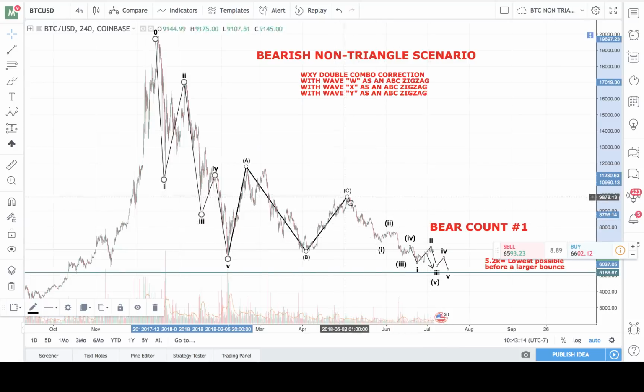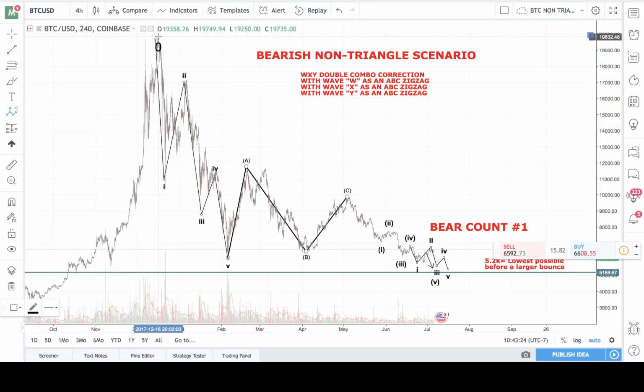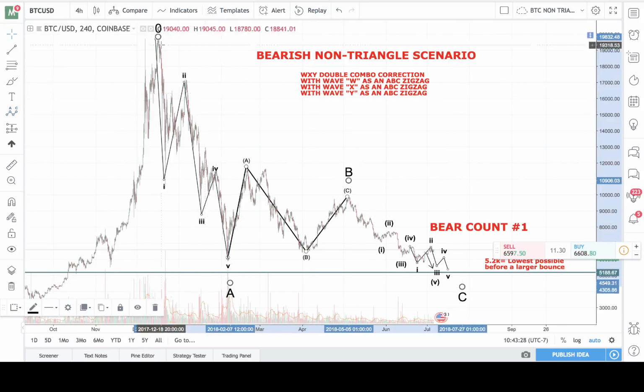So in this case, we would just have one straight impulse here instead of an A, B, C. We just have the last C wave here, and that would be the end of this A, B, C. Let me show you this to make it easier to understand. A would be a five-wave impulse, B would be a three-wave structure, and then the C would be another five-wave impulse. So that would be a second possibility.